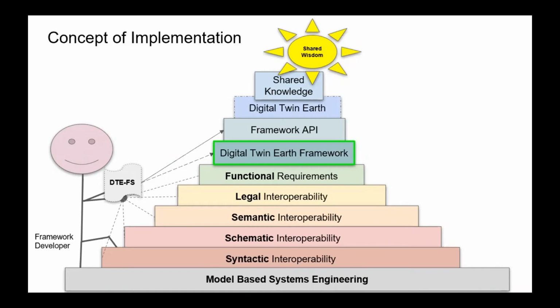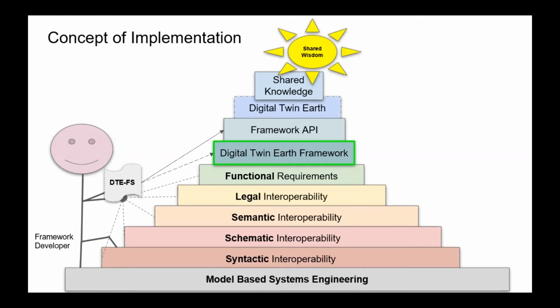And then, key to what Thomas was saying too, is this idea of a framework API, right? We're deriving and producing essentially a portal to use this framework. The digital twin Earth itself is just kind of in our heads, or what can be accessed by this API, right?